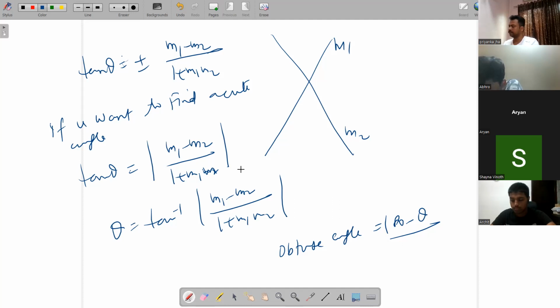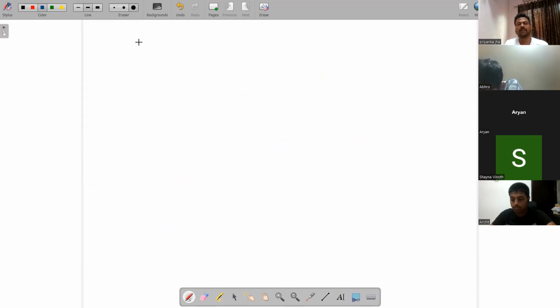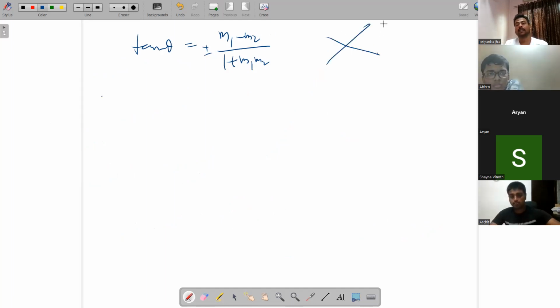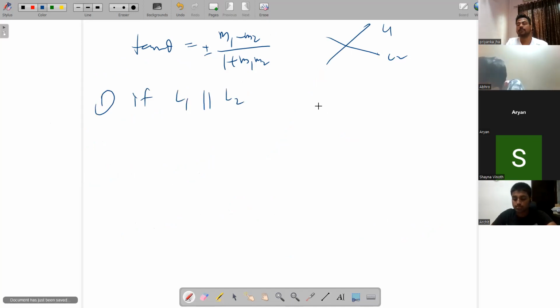Noted everyone? Okay, fine. See, now we know that the angle between any two lines whose slopes are given is m1 minus m2 upon 1 plus m1 into m2, plus minus you can apply. Suppose L1 is parallel to L2.